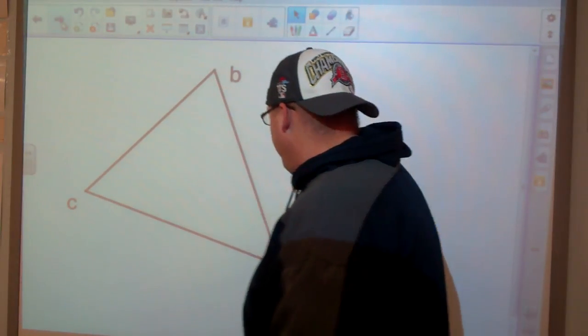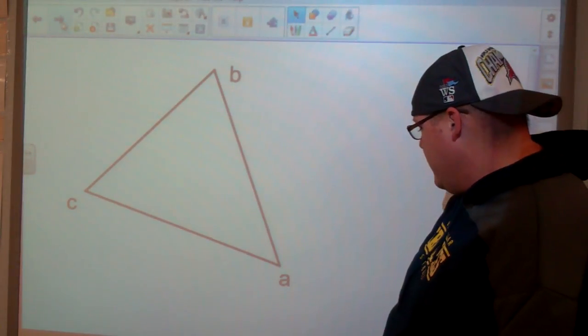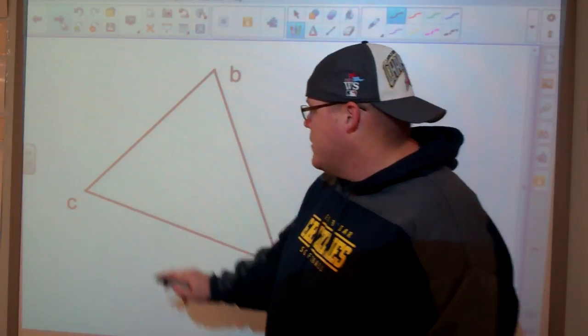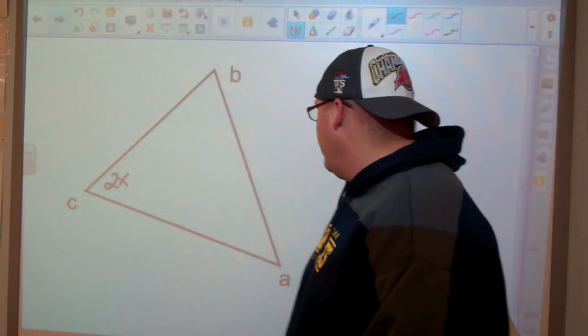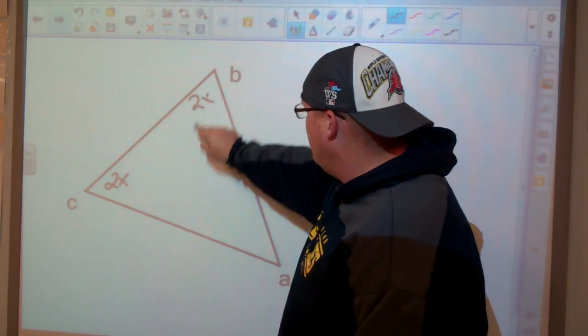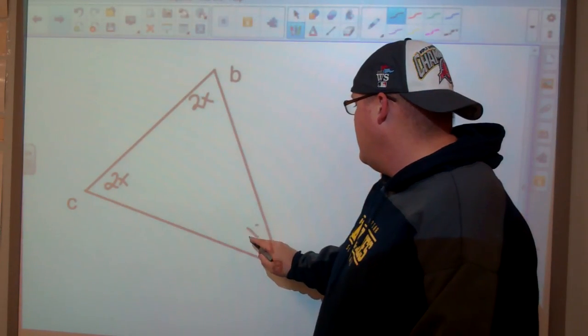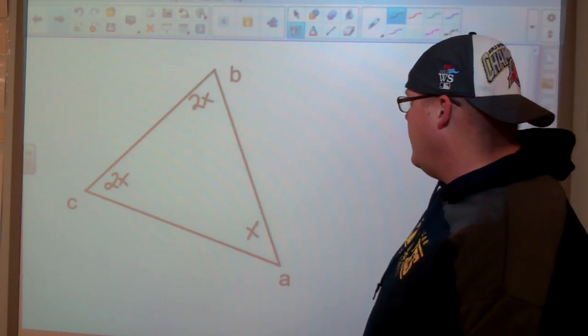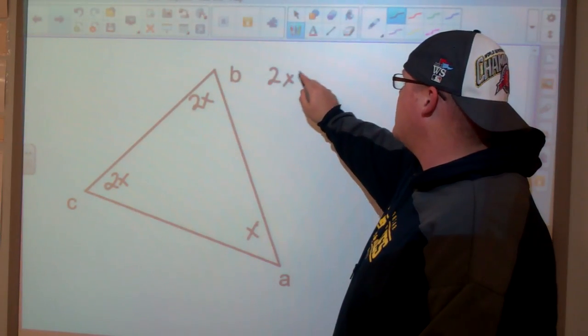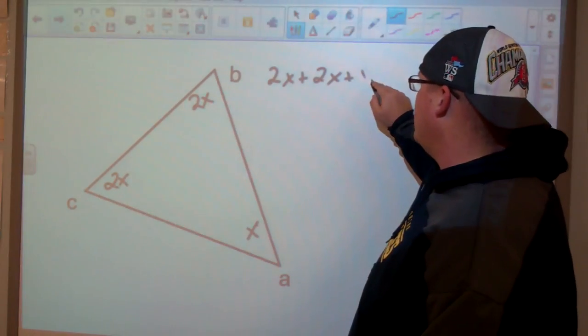So let's say we're looking at the triangle sum theorem, the interior angles of a triangle. Let's say this was 2x, this was 2x, and this was x. What we would do is add them together: 2x plus 2x plus x.